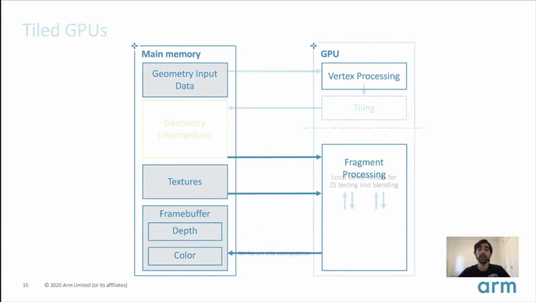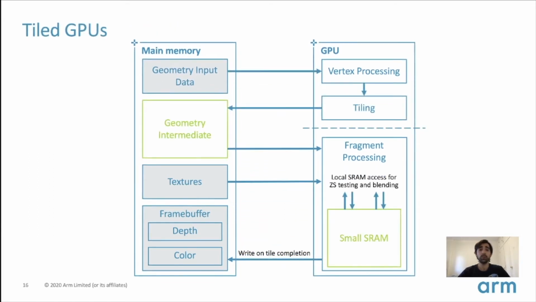And we do that by moving all the fragment processing in the GPU into something that is known as tile local memory. This is achieved by subdividing the screen into tiles. So a tile is, simply put, a collection of pixels, a subdivision of pixels in the screen. And what we do with that is that the GPU can render a tile at a time.